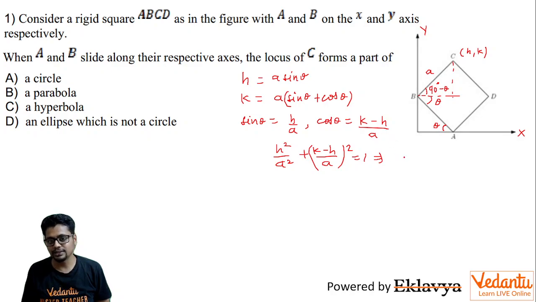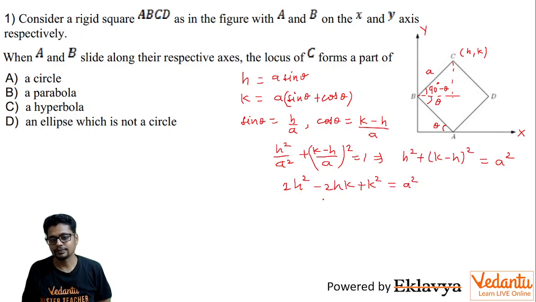So essentially this becomes H square plus K minus H whole square equal to A square. So it essentially becomes 2H square minus 2HK plus K square equal to A square. Basically it becomes 2x square minus 2xy plus y square equal to A square.